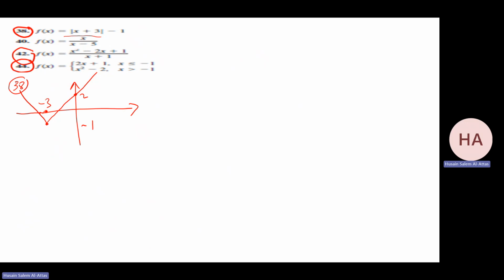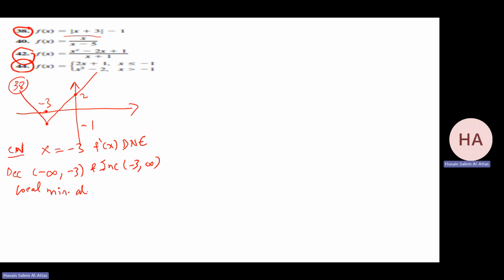So critical numbers will be x equal -3, where f prime does not exist. Okay. And it's decreasing from -infinity to -3 and increasing from -3 to infinity. And we have a local min at x equal -3 without doing anything.